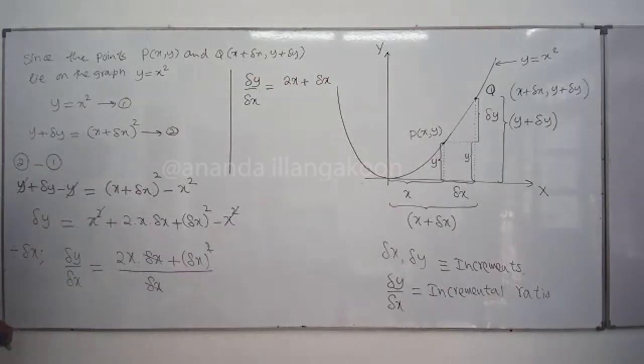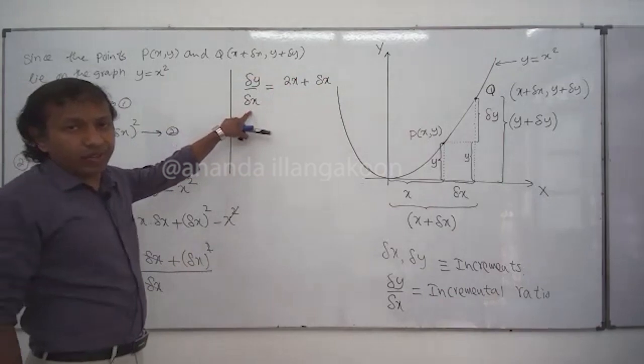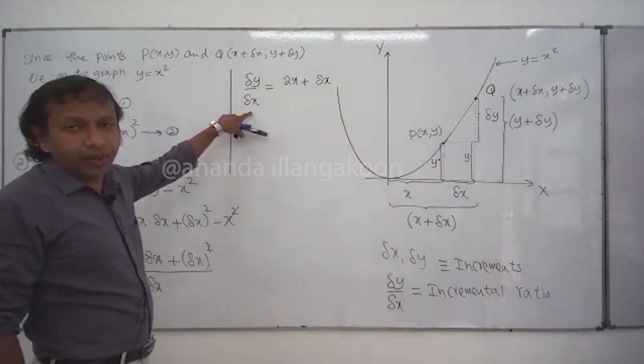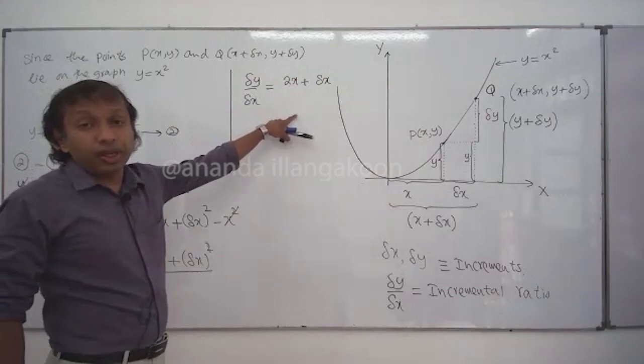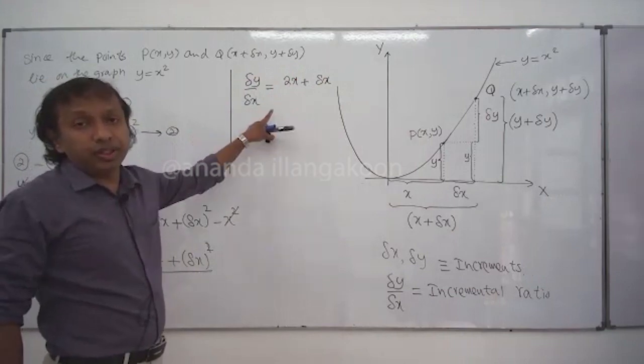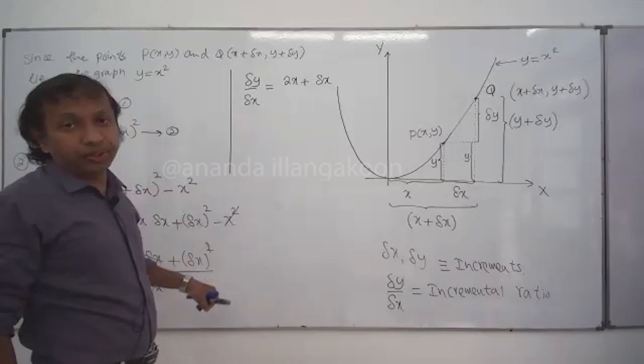Then finally, after coming to this incremental ratio delta y by delta x, understand people, we take the limit of delta x going to 0 on both sides. Okay.